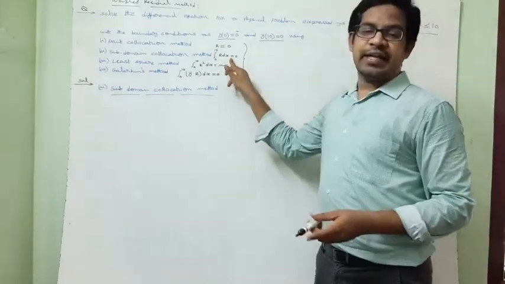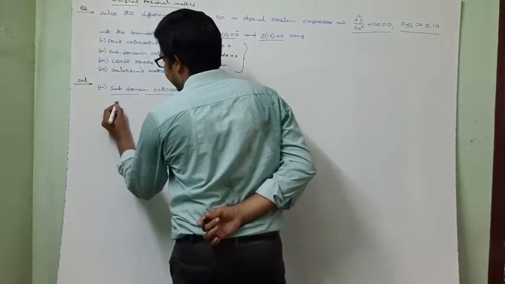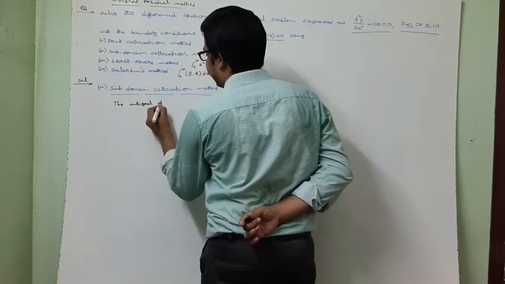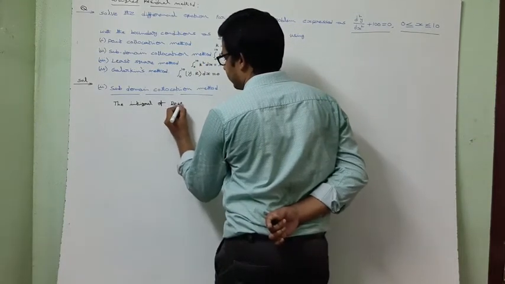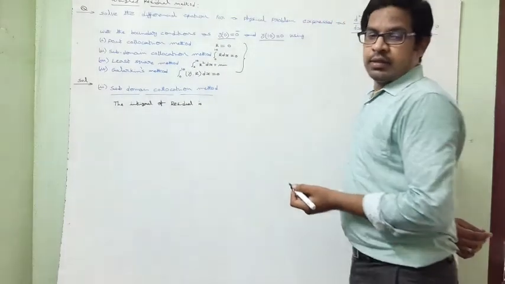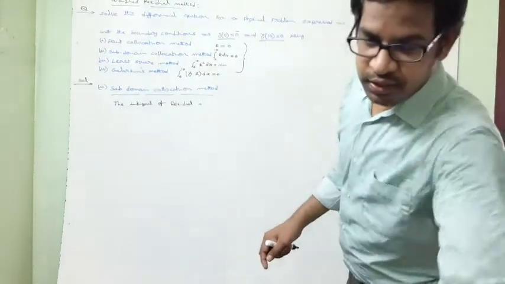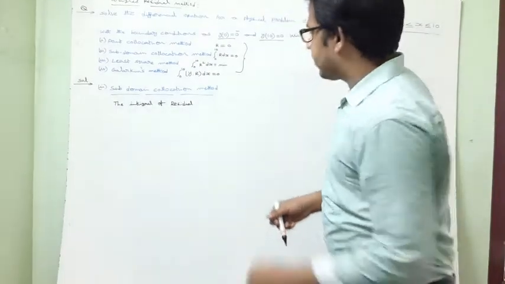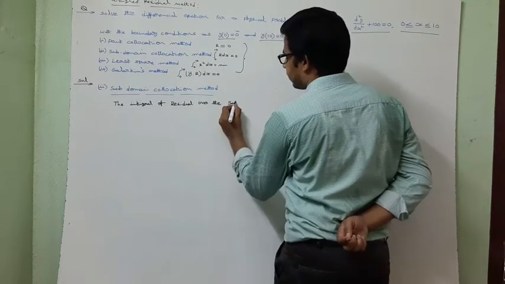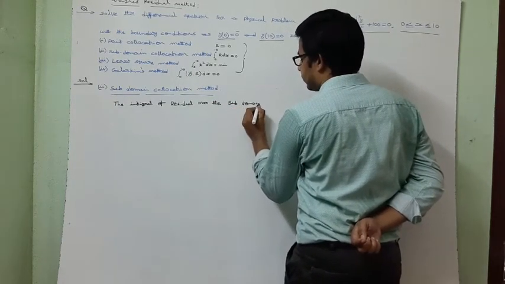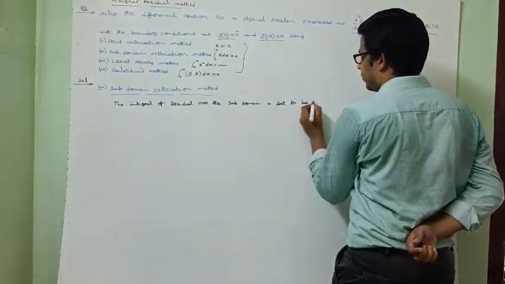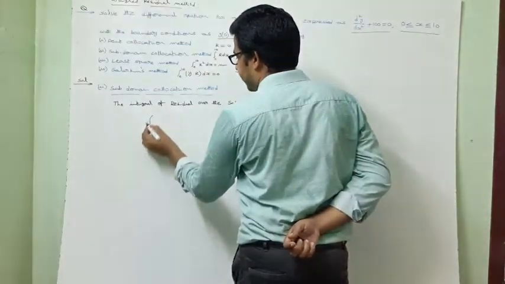The integral of the residual over the subdomain is set to be 0. So what are the limits?